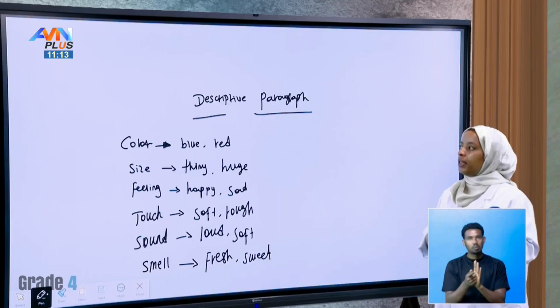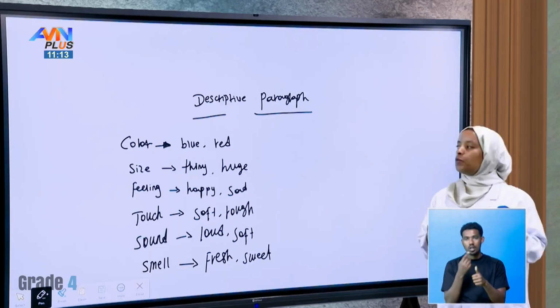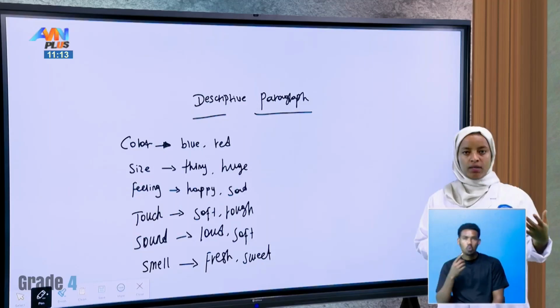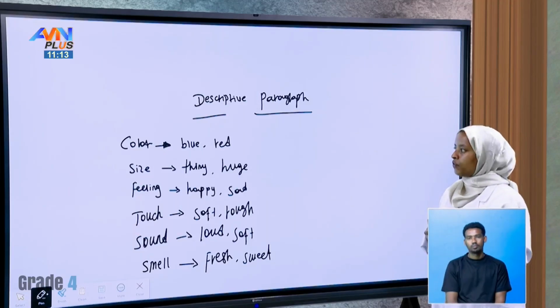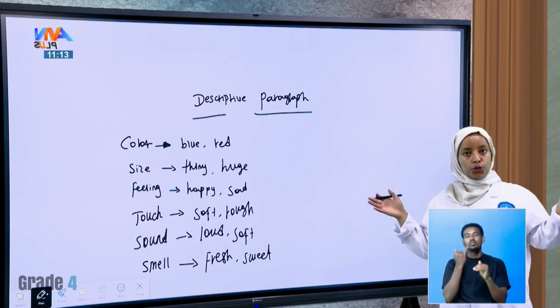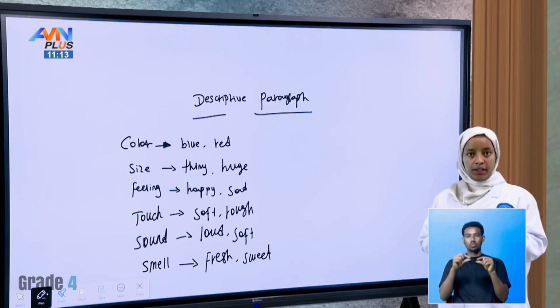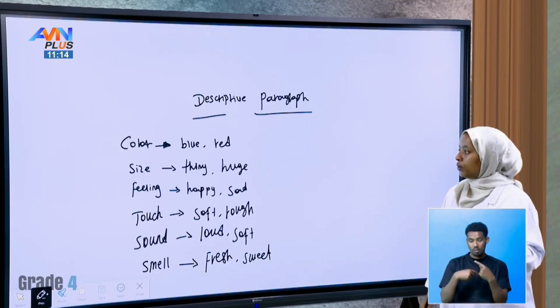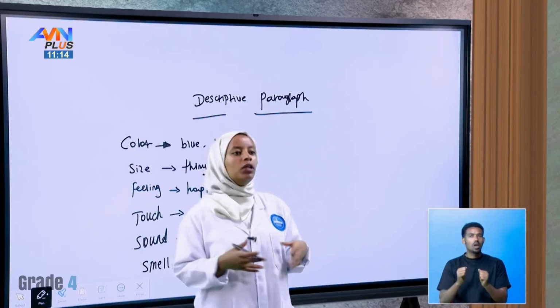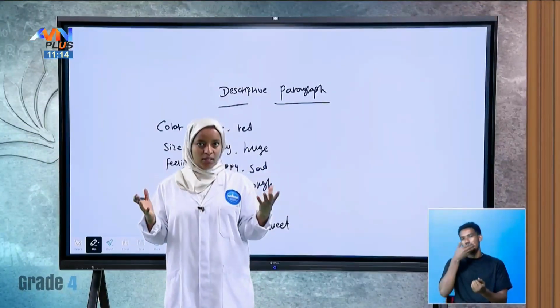The first one is color: blue and red. Here is size, for example teeny and huge. And here, feeling. When we come to feeling, we can easily use two of them, and you can have more, for example happy and sad.